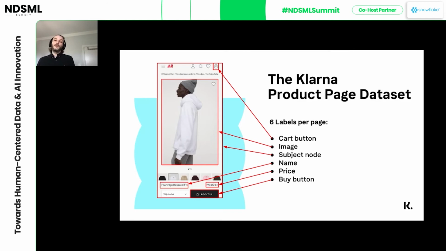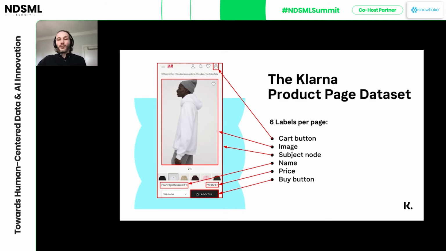For detecting the subject node, algorithms need to look around the page in order to identify what makes the subject node the subject node. In this case, it contains very little information in and of itself. And the classifiers would therefore need to inspect what is around it and within it in order to realize the semantic role of this element, the container of all important information on this page.